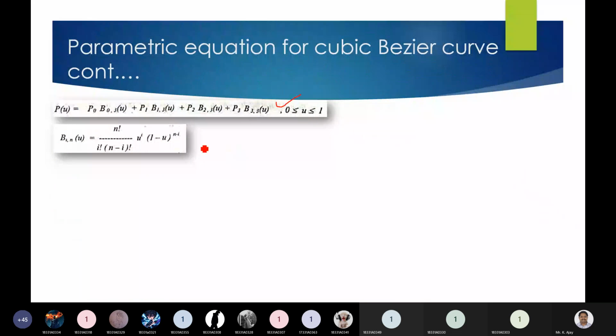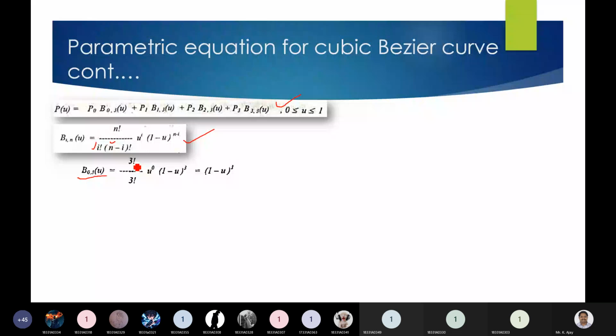Now if you try to calculate B03 of u, if you look at the formula, n factorial by n minus i factorial into i factorial, right? i is equal to 0 here, n is equal to 3. So 3 factorial by 0 factorial, which means 1 only. So 3 minus 0, 3 factorial.